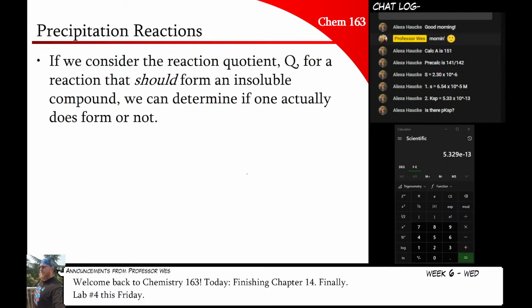So we all remember the reaction quotient Q. We did that in chapter 13. Remember that Q is literally just whatever your calculation result is for K whenever you're not at equilibrium.